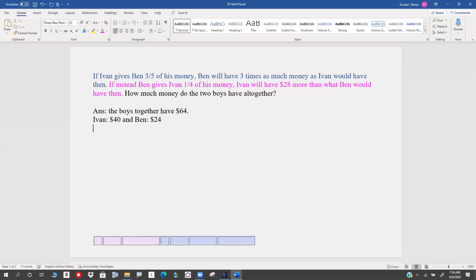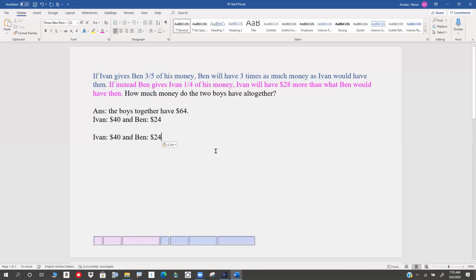Okay, now we're going to make sure that our answer is consistent with the blue statement. If Ivan gives Ben 3/5 of his money, Ivan has $40. One fifth of his money is $8. 3/5 would be $24. Now, if Ivan transfers $24 to Ben, what happens?